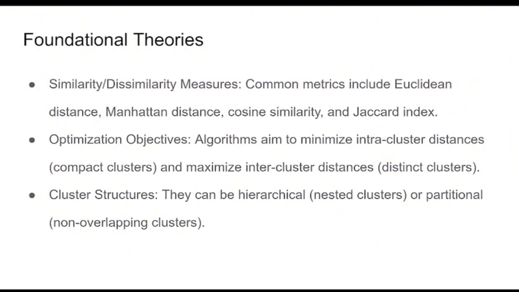For optimization, the goal is to minimize intra-cluster distance and maximize inter-cluster distance. For clustering structures, clusters can be hierarchical, creating nested groups suitable for multi-level analysis, or partitional, which creates distinct and non-overlapping clusters, ideal for straightforward applications.